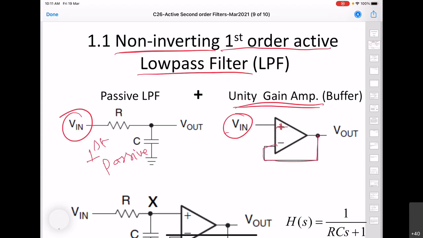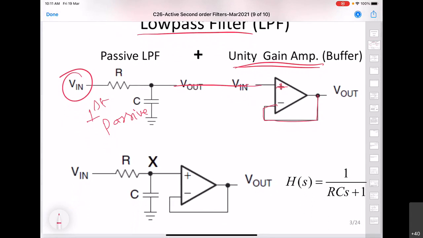That means we simply connect the output of the passive circuit to the op-amp, and that will give rise to this circuit, whose transfer function here you can see is of first order, and that too low pass filter, with of course DC gain equal to 1.